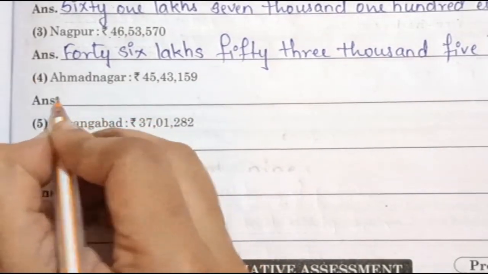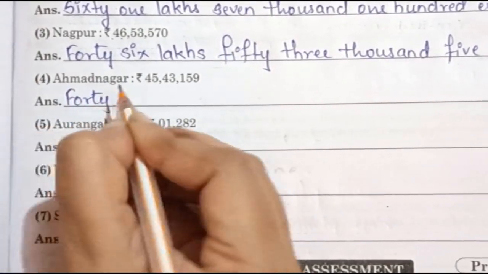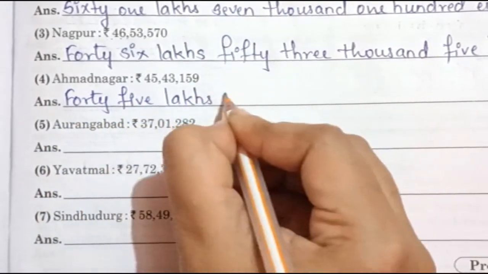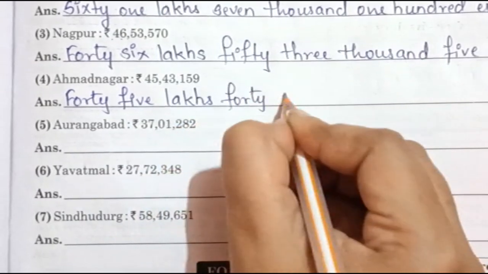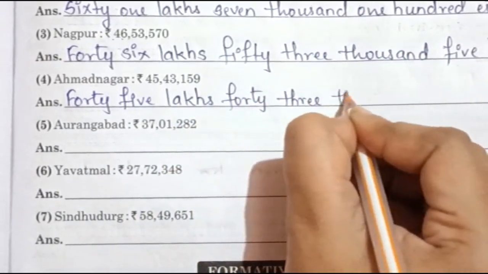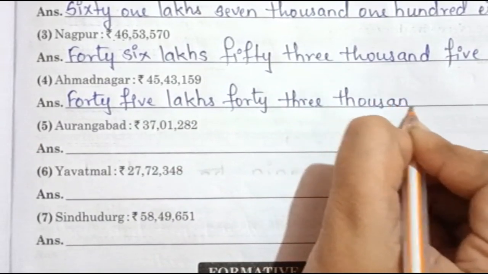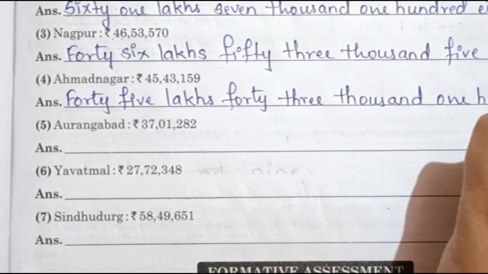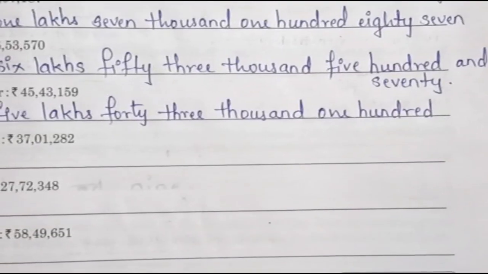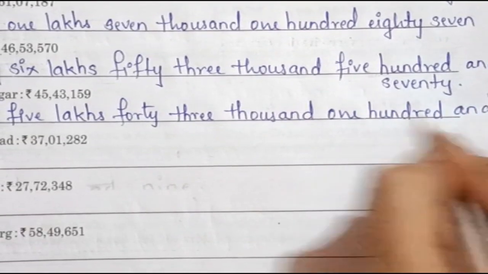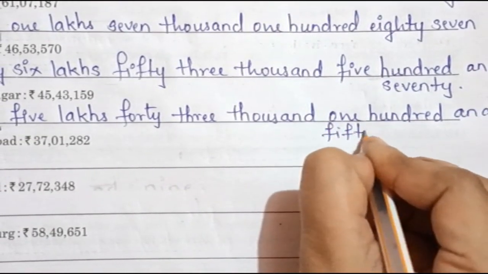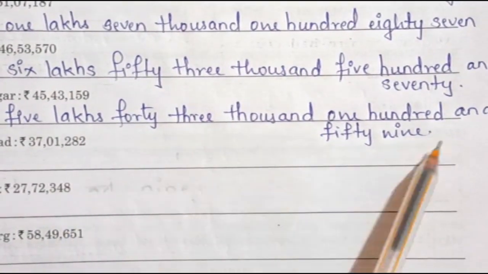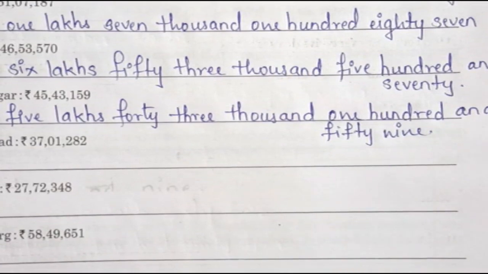So Ahmednagar has given 45 lakhs 43,159. Even students, whenever you are writing, if this does not fit, you can write it below as I am writing. Clear?